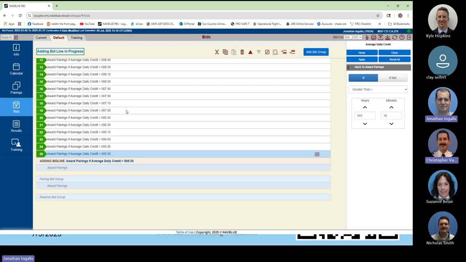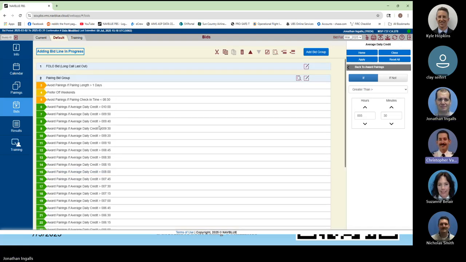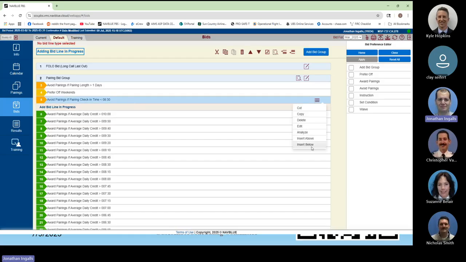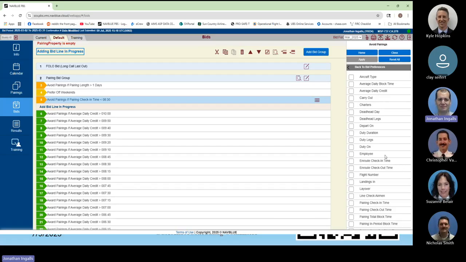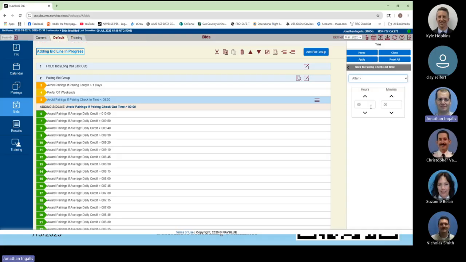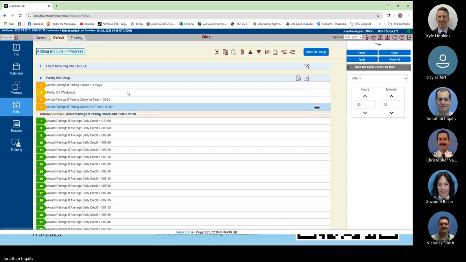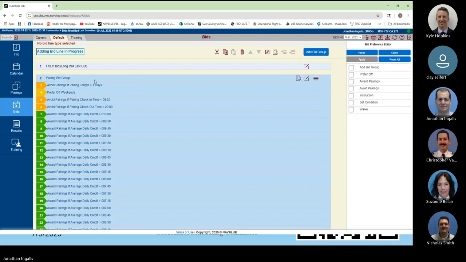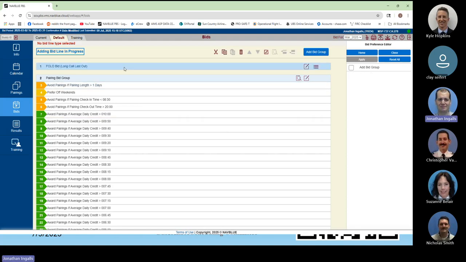And then higher up, you could do a checkout time before, whatever, 11 p.m. or whatever, right? And I can go like here, and I go insert below, avoid pairings with a checkout time that is after 8 p.m. Something like that.